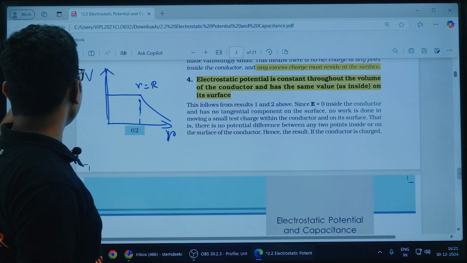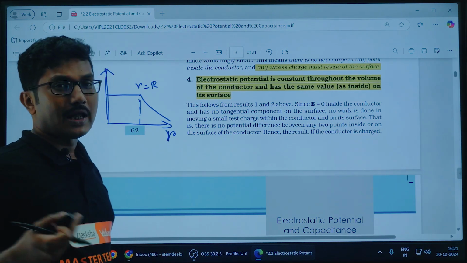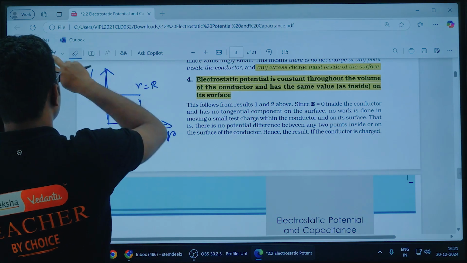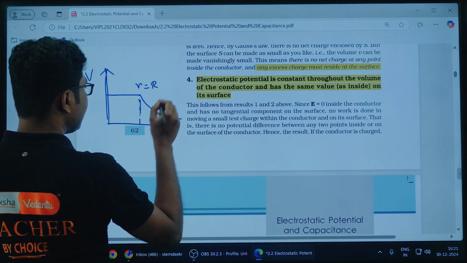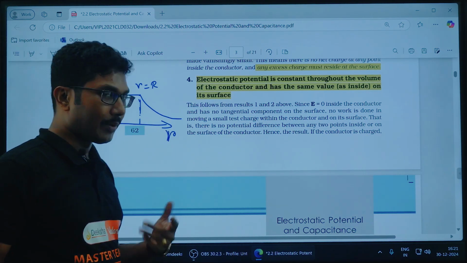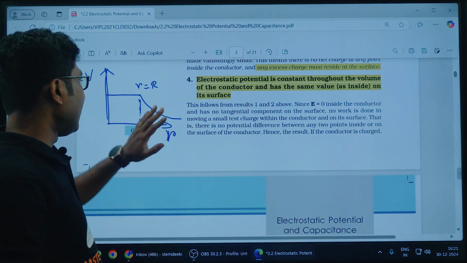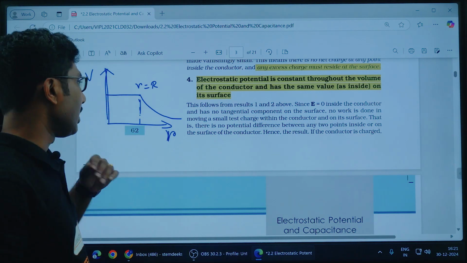From here you can draw the potential graph. This is a common type of graph. This part is obviously inversely proportional, potential is proportional to 1 by r. So, it is the 1 by r nature, but up to the surface it is constant. You have to understand that.